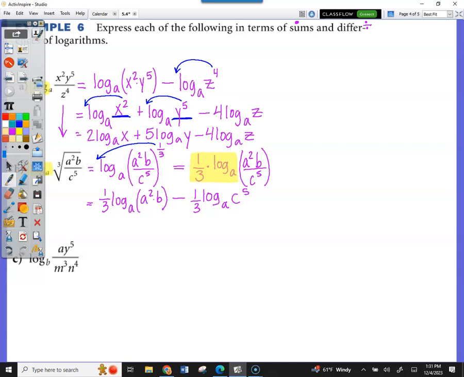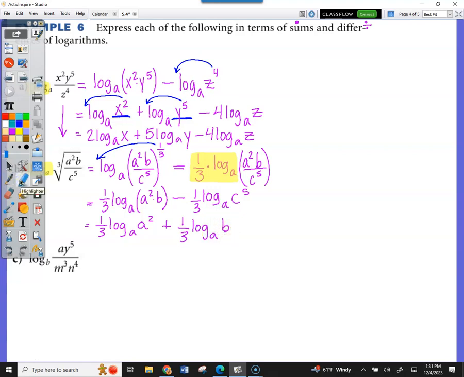We can separate them. Your block, 1/3 log base A, is now fixing to get written twice for that first expression. So we've got 1/3 log base A of A squared plus 1/3 log base A of B.